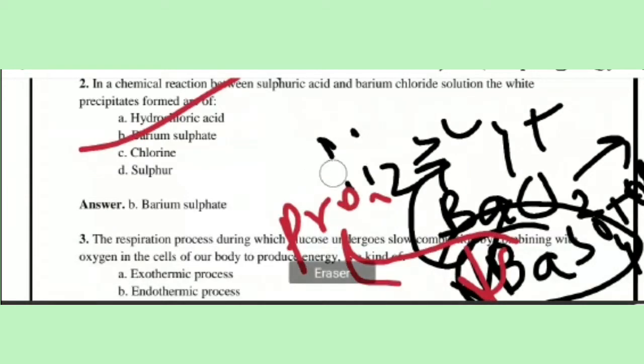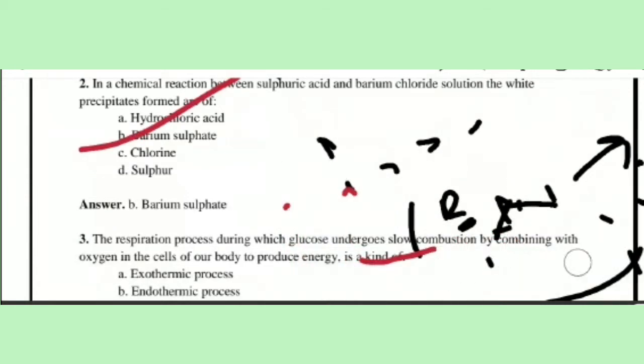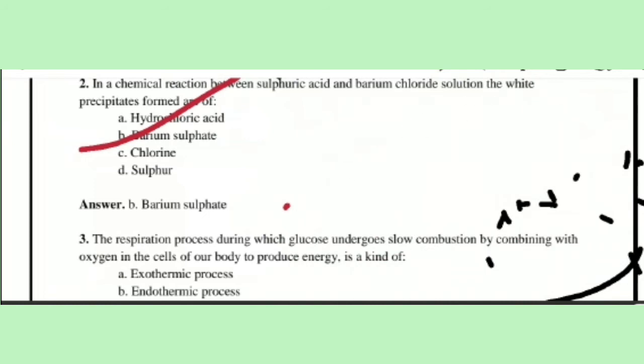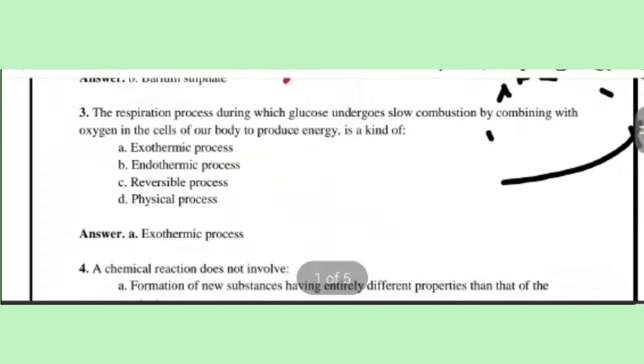Now moving towards our third question. Our third question is: the respiration process during which glucose undergoes slow combustion by combining with oxygen in the cells of our body to produce energy is a kind of. Respiration and these kinds of processes release energy.